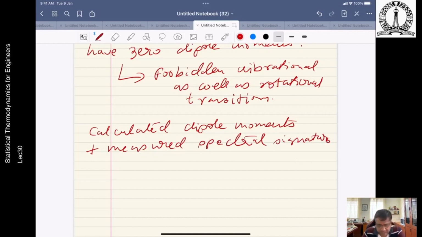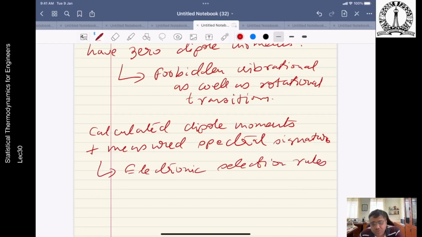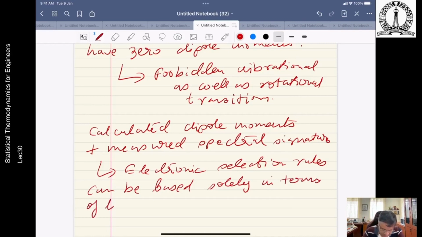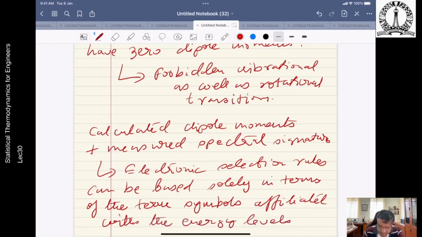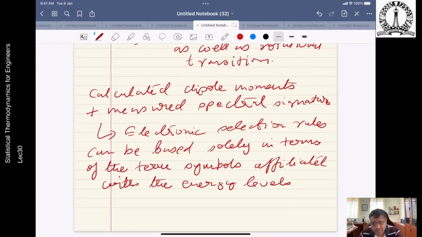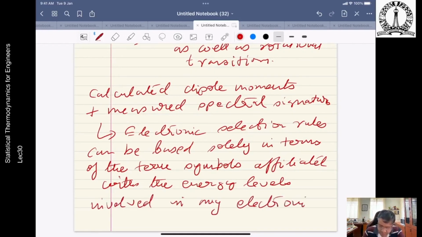We found that the electronic selection rules can be based solely on the term symbols associated with the energy levels involved in any electronic transition.